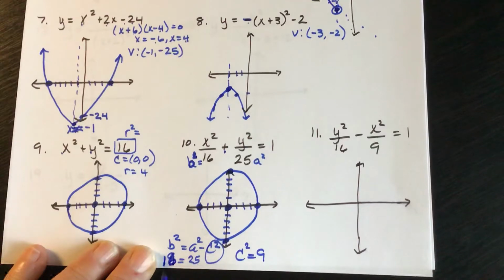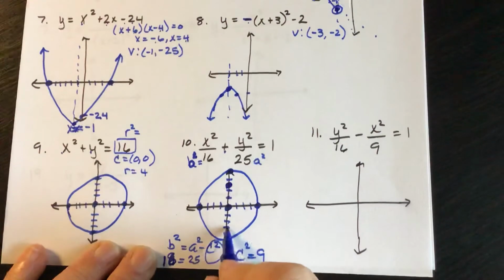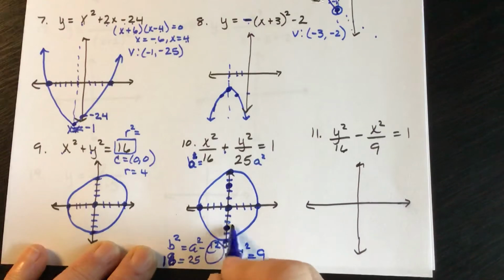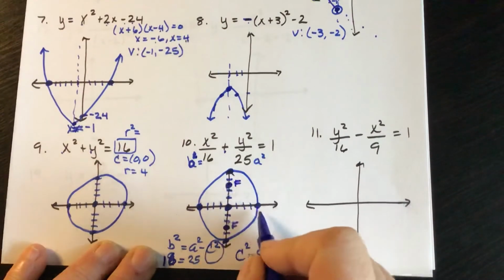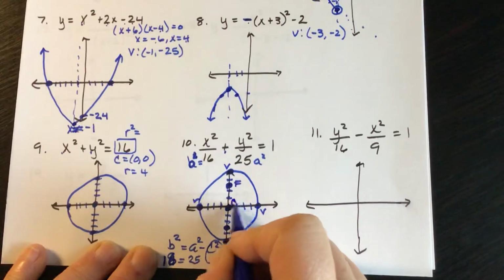And that means my c value, or the foci, is 3 units away from the center. So there are my foci. And these are vertices and my center.